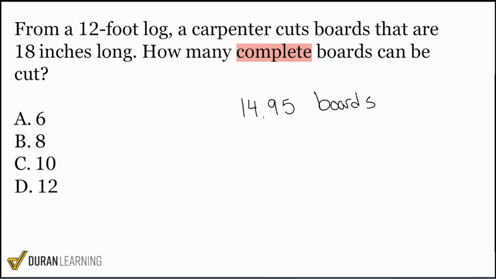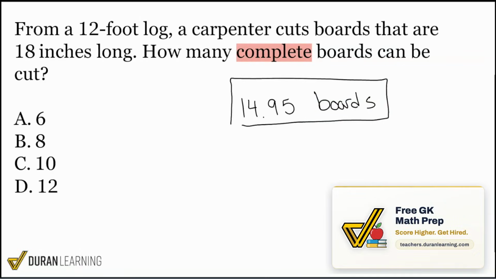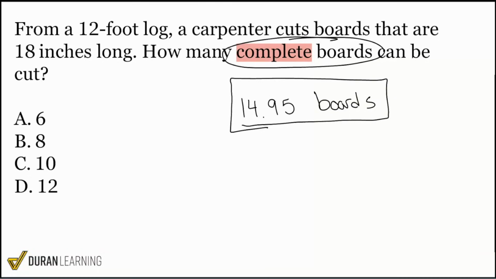If that's what we had at the end, what would the answer actually be if we're only counting complete boards? What would it be in this specific case? 14.95, would that be 15 or 14 as the final answer? Yeah, Angela, you got it right. That's going to be 14.